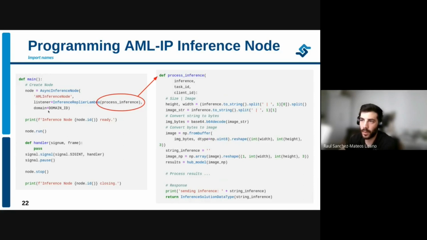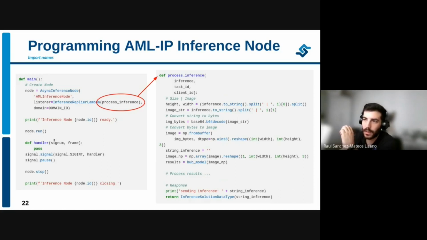Here we have to establish the same ROS2 domain ID for the edge and inference node in order for them to be automatically discovered. And once they discover each other, they will automatically start communicating. Then after creating the node, we can access the node ID, which is the server ID that we had on the other side. And we'll start running the node.